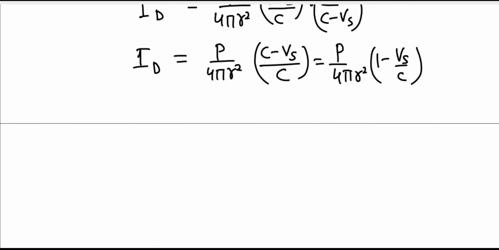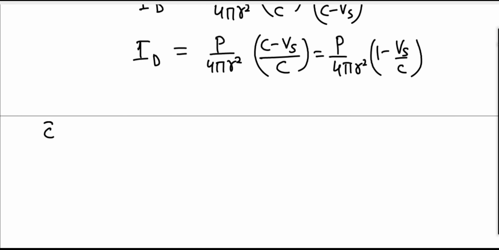And in the third case, both are moving towards each other, right? So they can be just written as a superposition of both of these relations that we have already derived. The source is moving towards the right with velocity vs, the observer is moving towards the left with velocity vd.